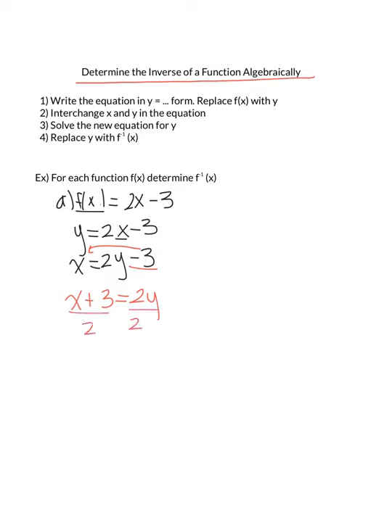So my new equation will be y is equal to, that's a really ugly x there, sorry about that, x plus 3 divided by 2. The fourth and final step is to replace our y with f inverse x. So I need to write f inverse x is equal to x plus 3 divided by 2. This is my final answer.